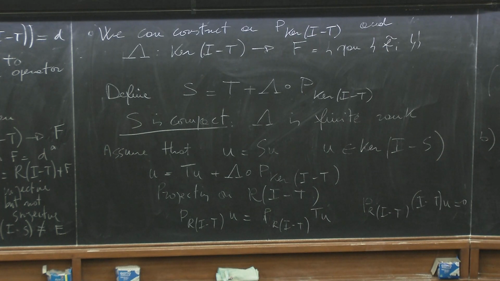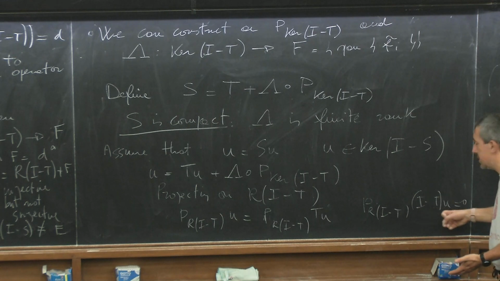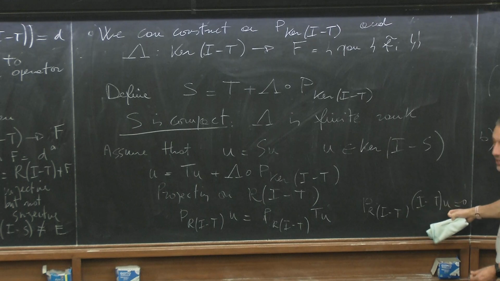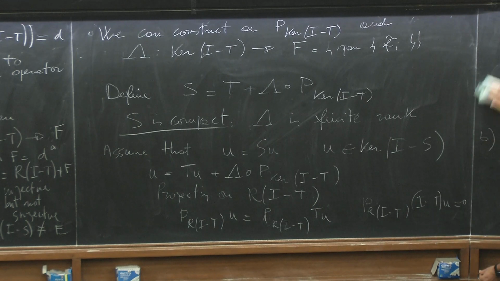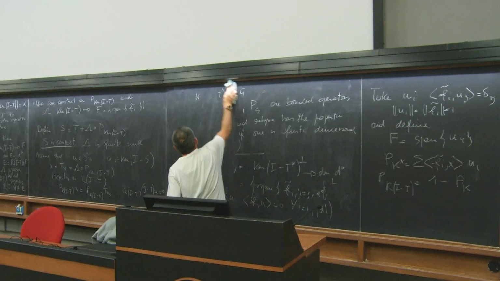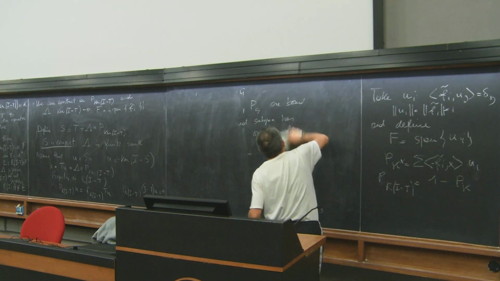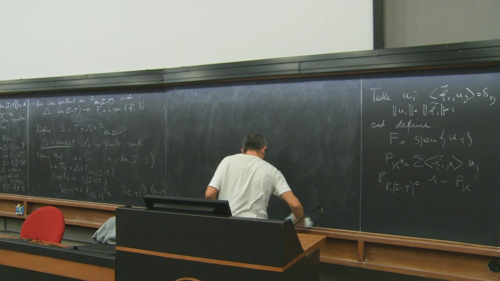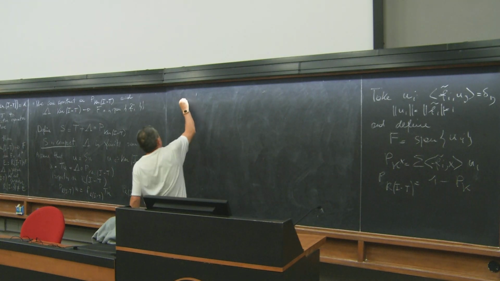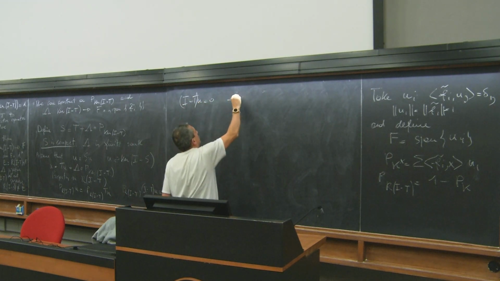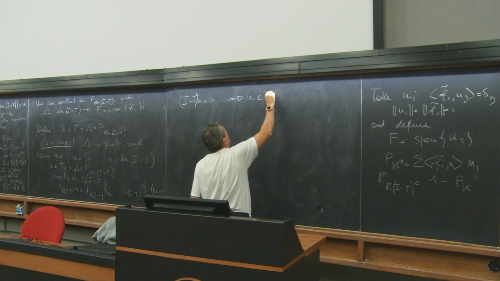And this means that this is mapped into 0, because this is already in the range by definition. I discovered that identity minus T U equal to 0, so U is in the kernel.